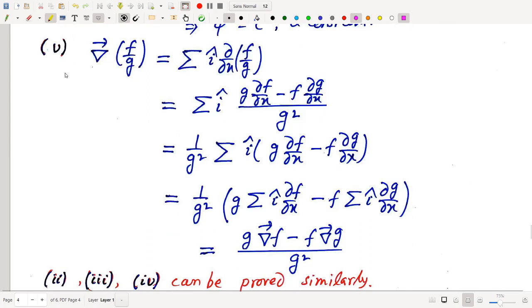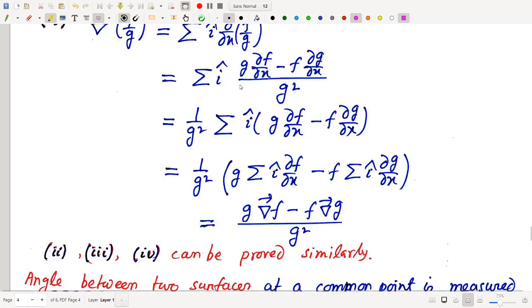And let us see number 5. Others can be proved similarly. Gradient of quotient f by g is, in short, let us write summation i cap del by del x of f by g. But this is a derivative, so the quotient rule of derivative we can use for partial derivative. So g square means denominator square, denominator into derivative of numerator minus numerator into derivative of denominator. Okay, summation i cap.